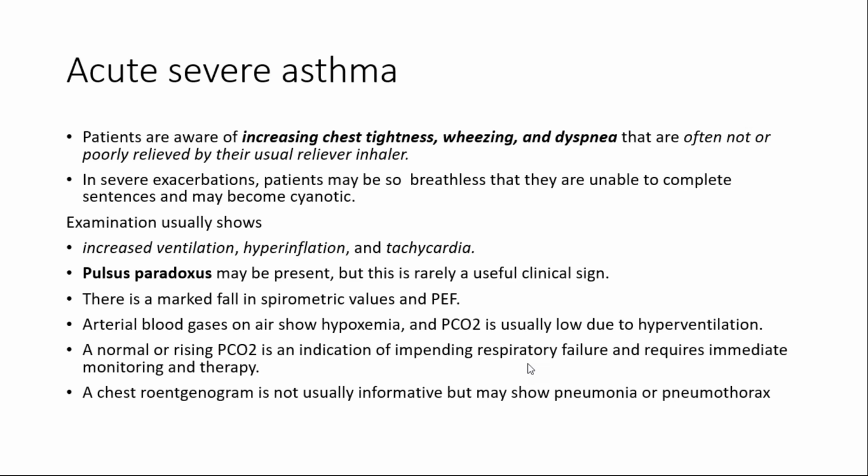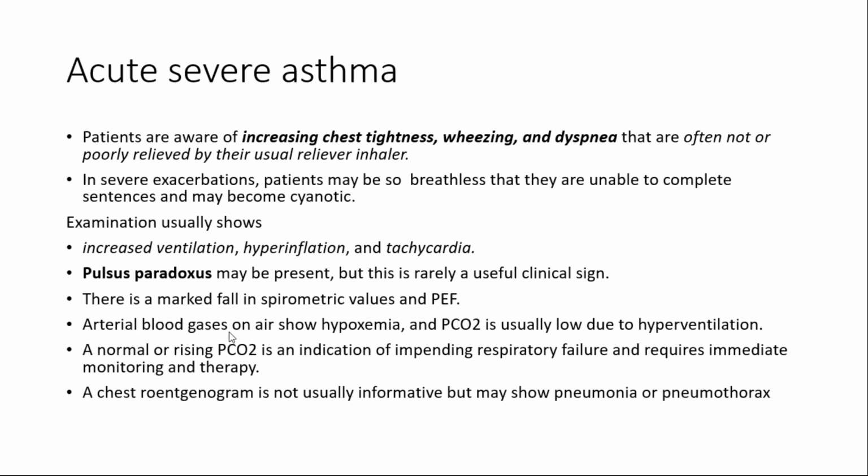And rarely we see the sign pulsus paradoxus. Spirometric values and pulmonary function tests are not advisable at that time, but they are helpful once the patient is settled, when we have to make a diagnosis and we're not clear about asthma.